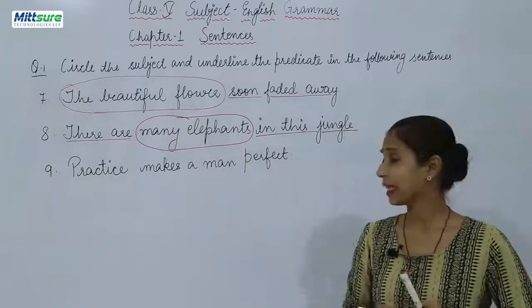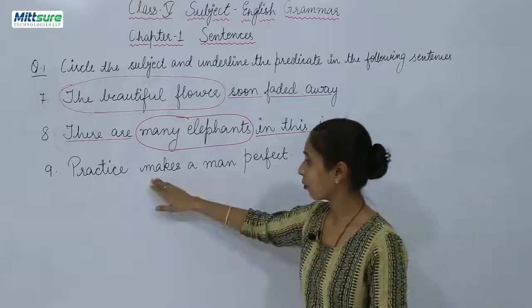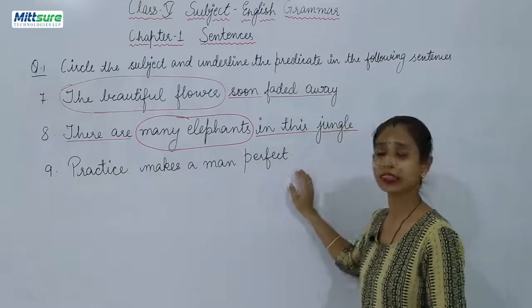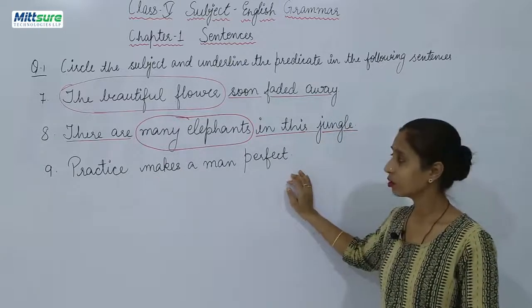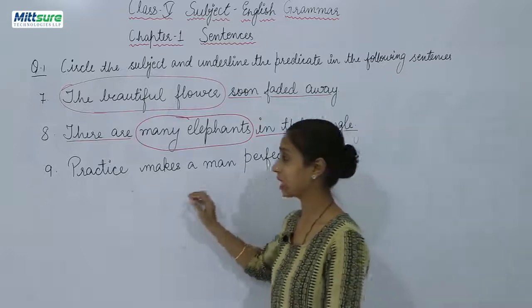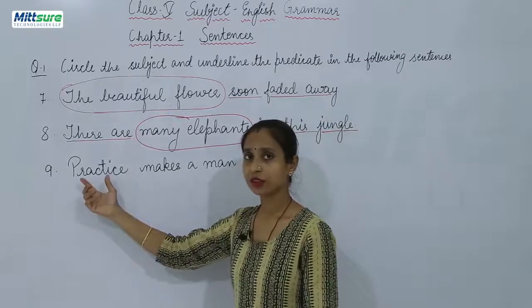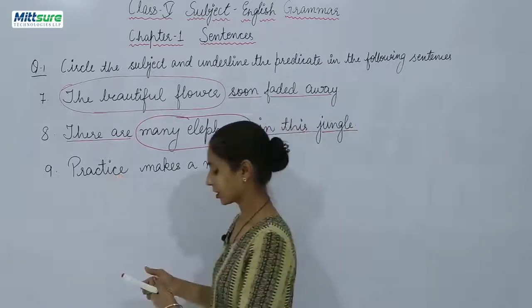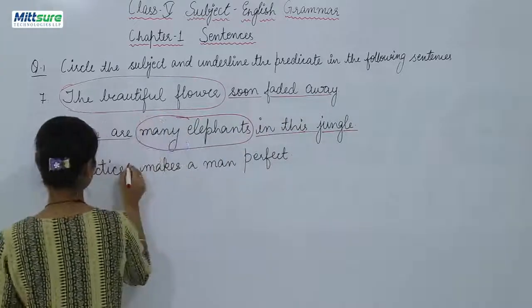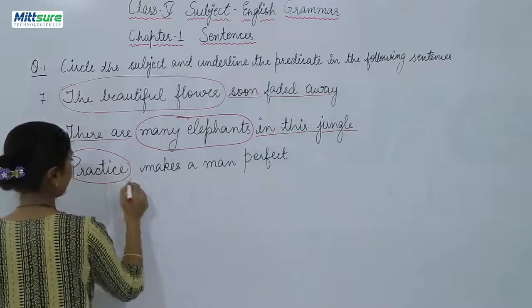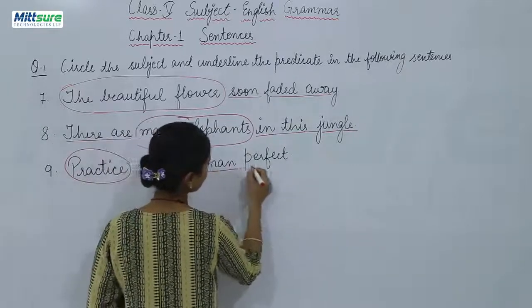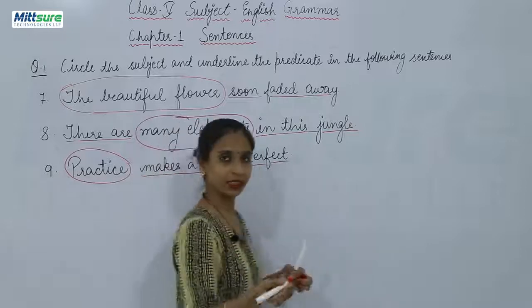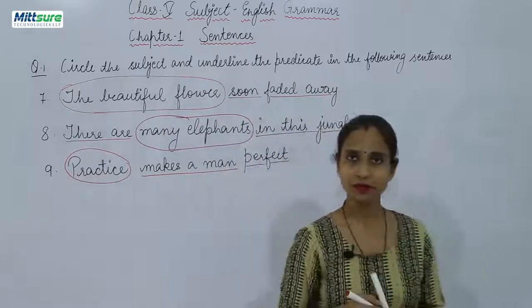Now here in this statement, who makes a man perfect? We get the answer, practice. So practice will be the subject. Makes a man perfect will be the predicate. I hope this is clear.